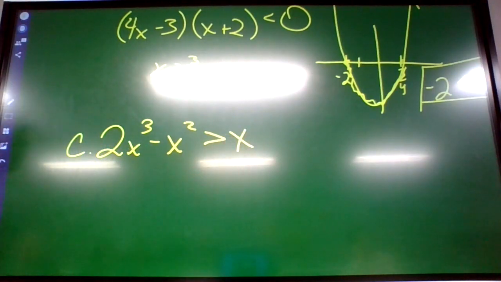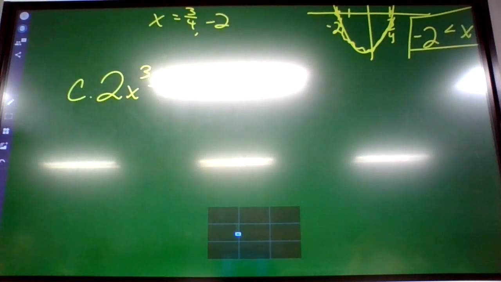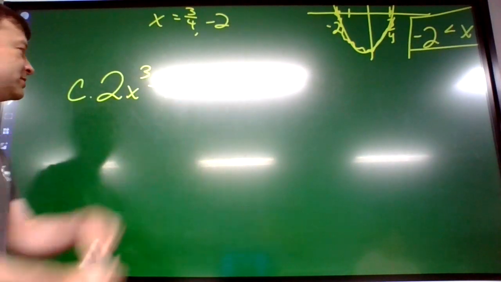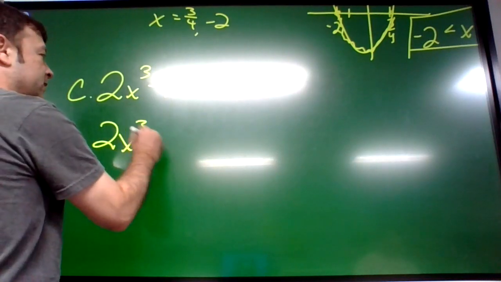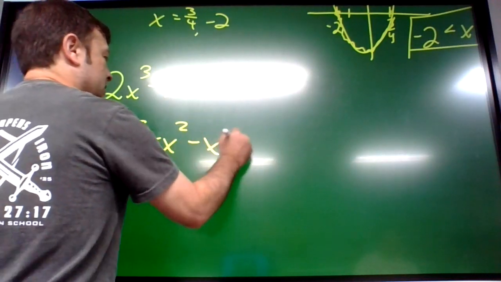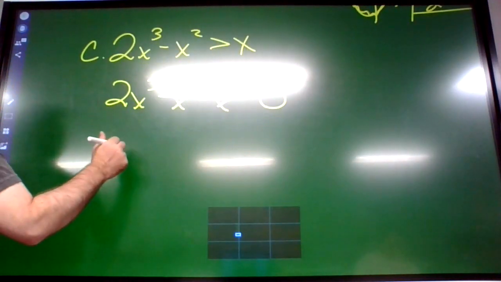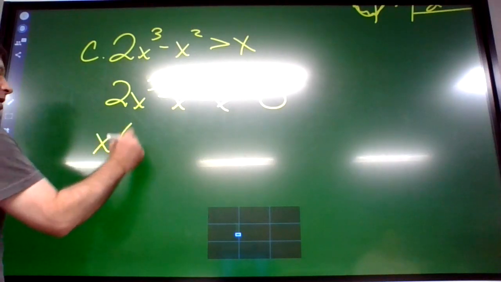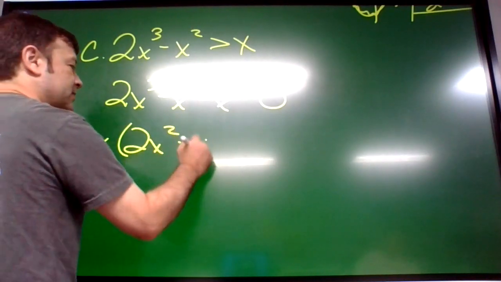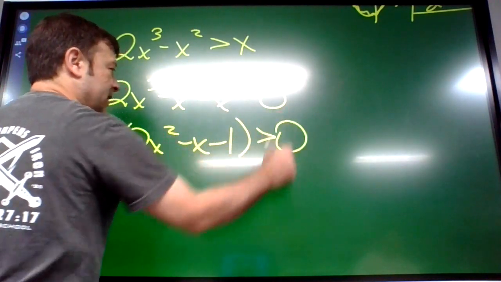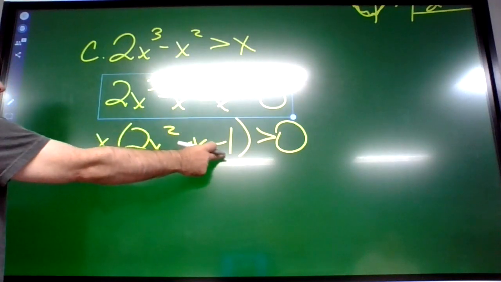Alright, what should we do on this one? X is on the wrong side, so let's subtract it over. Then what can we do to factor that? Take out an x. When you divide x by x, you're left with 1, not nothing.